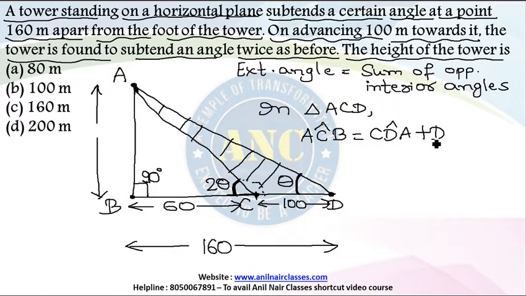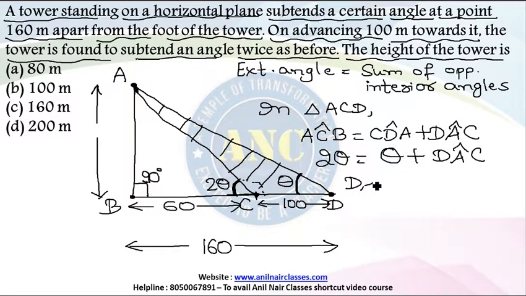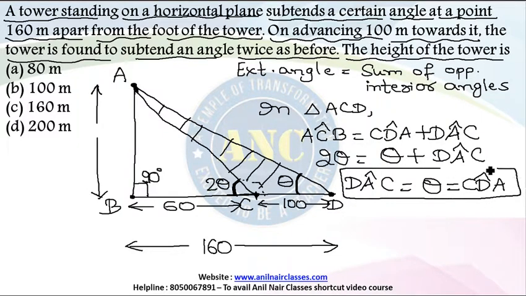I hope you are understanding. DAC is another angle. ACB is 2 theta. CDA is theta. DAC I don't know. So DAC will be equal to 2 theta minus theta, which is theta. And the theta is exactly nothing but the CDA angle. Angle CDA is also equal to theta.